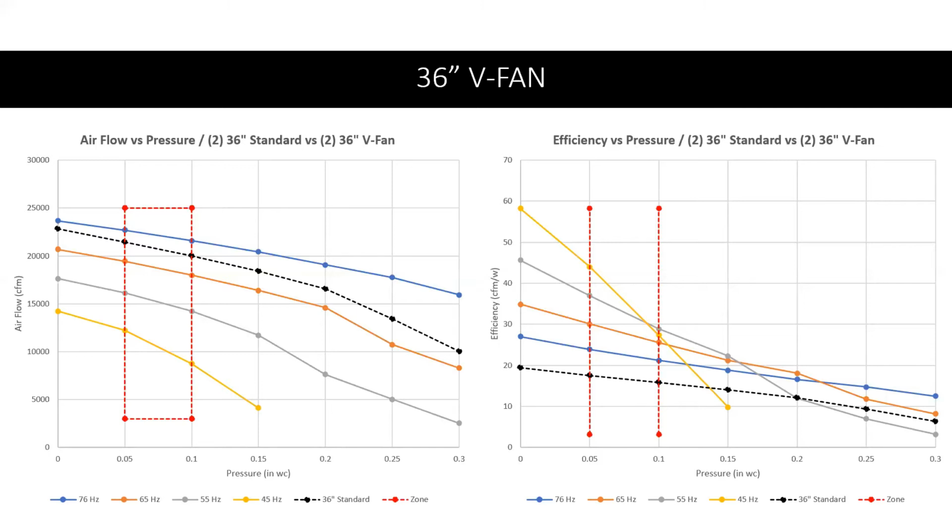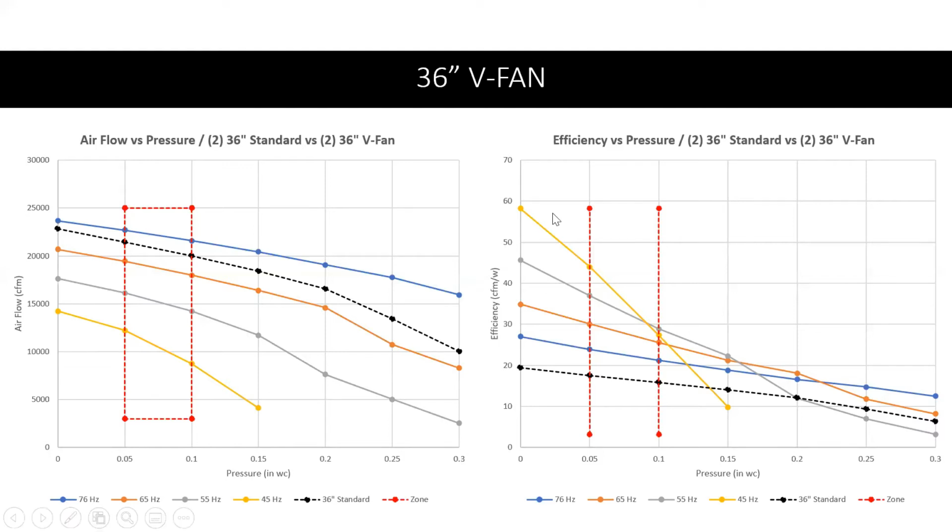And you can see, obviously, something that strikes your eye is the yellow line at the top, where if you follow the 0.05 line up across, we're at about 45 CFM per watt at that 45 hertz on this 36-inch fan. So that's a much higher rate than at that black line, which is less than 20 CFM per watt. So more than double the CFM per watt.